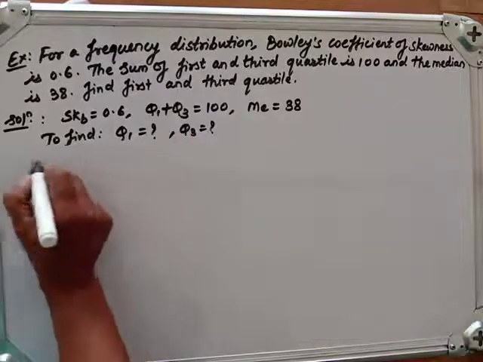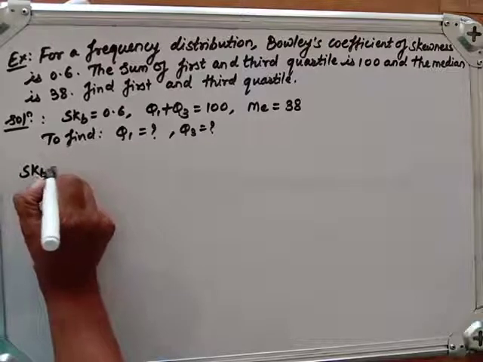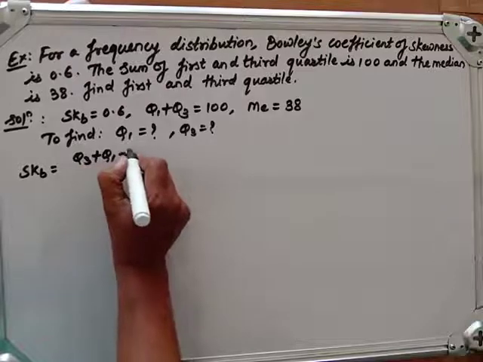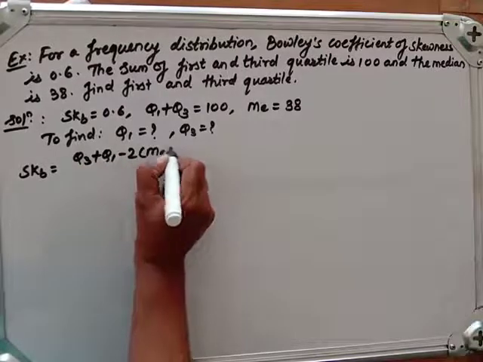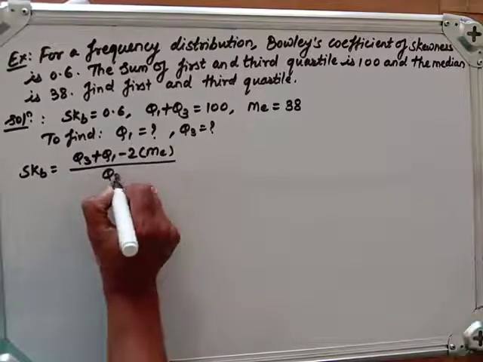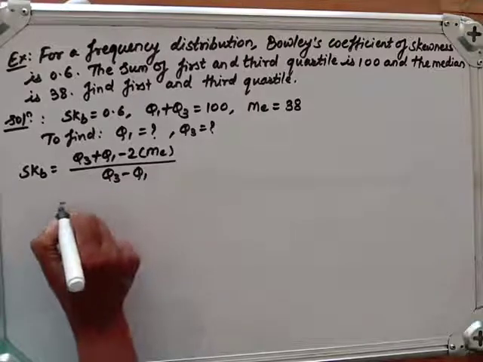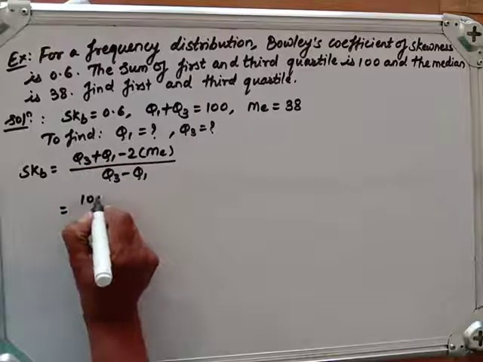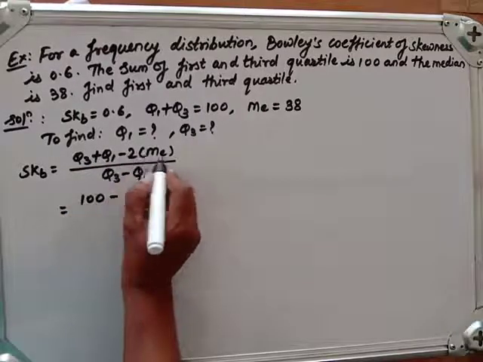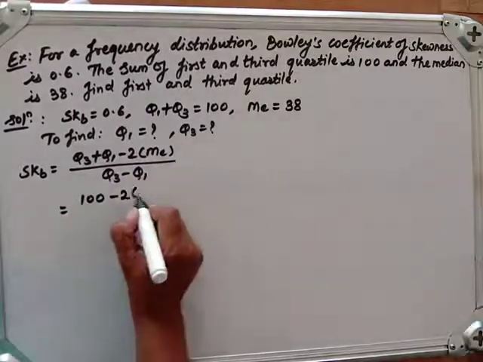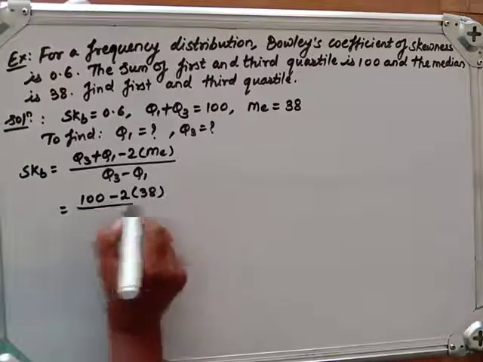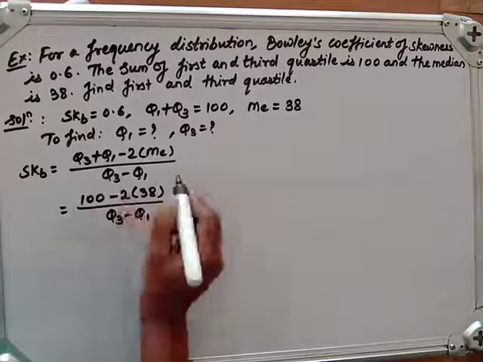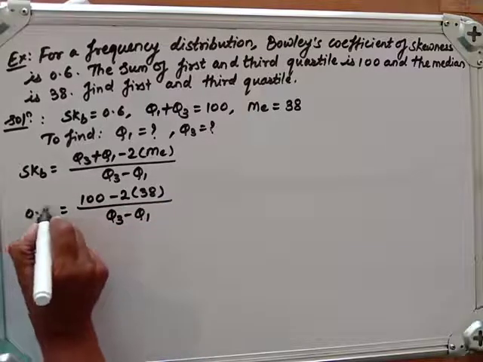Now SKB is Q3 plus Q1 minus 2 times median upon Q3 minus Q1. So Q1 plus Q3 is 100, minus 2 times 38, that is 76. Q3 minus Q1 is not with us, but this 0.6 is.